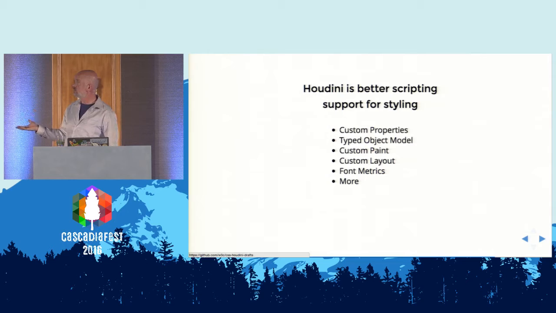We're also working on a typed object model. So instead of just strings, you can actually get some objects where you have some idea of what these components of a CSS value are. Letting you have hooks so your JavaScript can do some custom paint or custom layout.